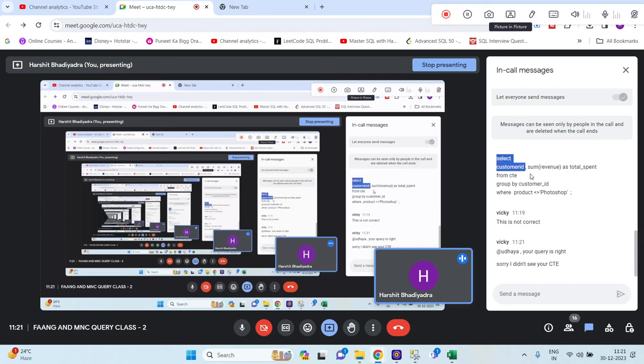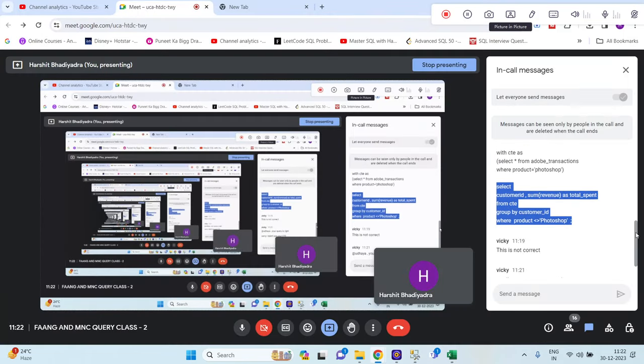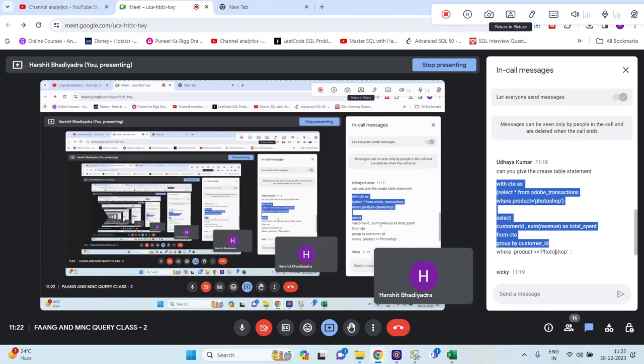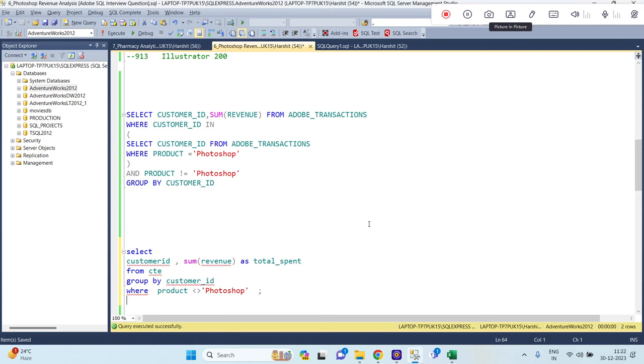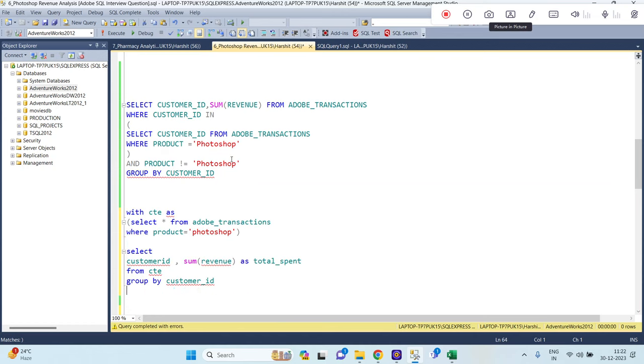Okay, let me write this query whether it is correct or not. Actually, this is also wrong. No, brother. Okay, okay, city. But why is it giving an error?